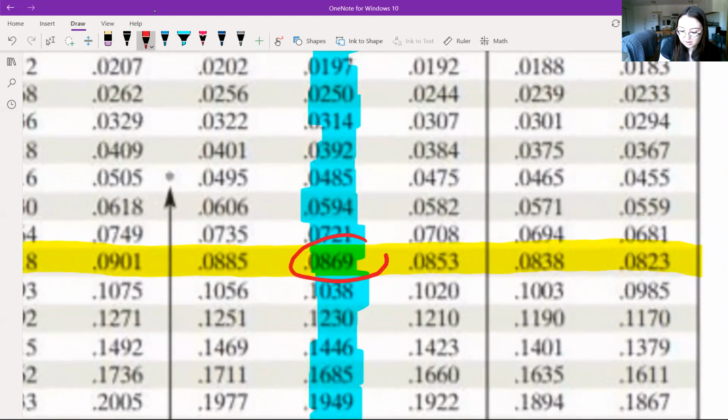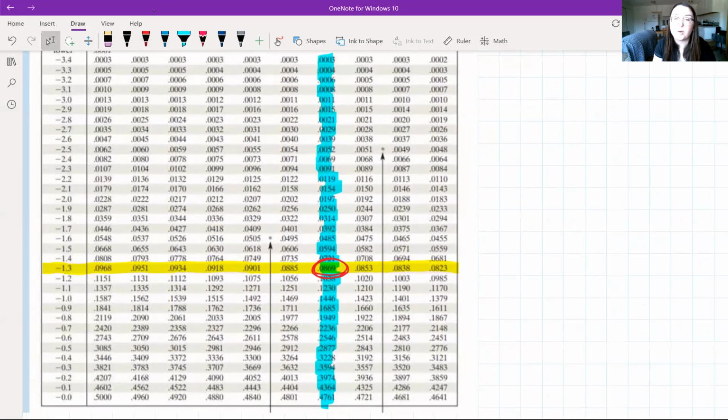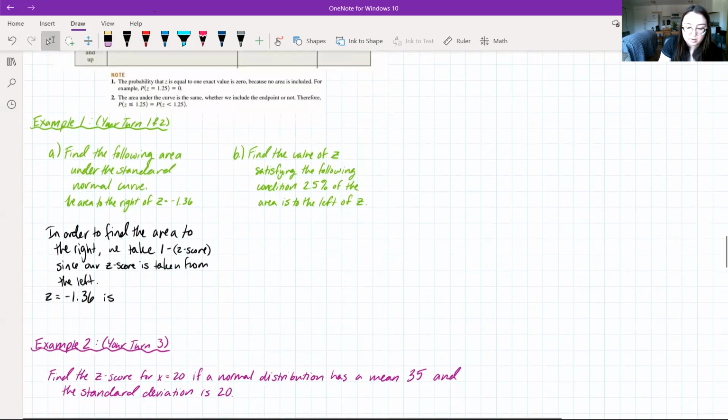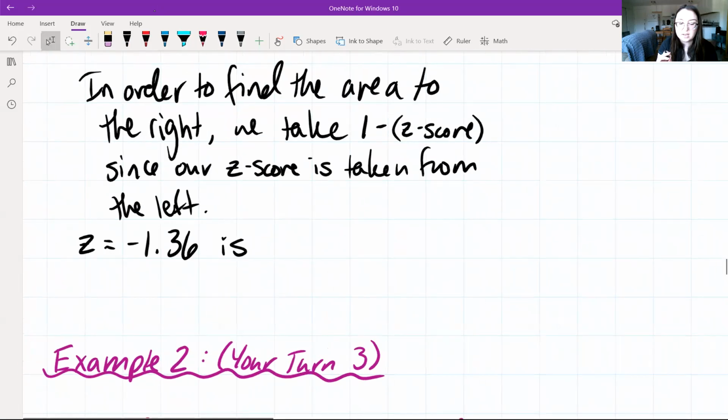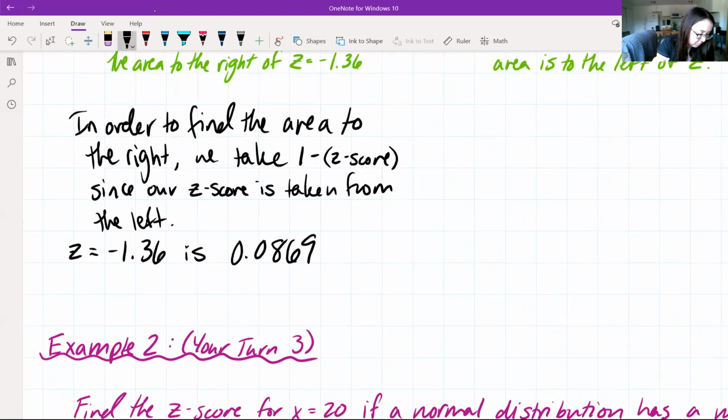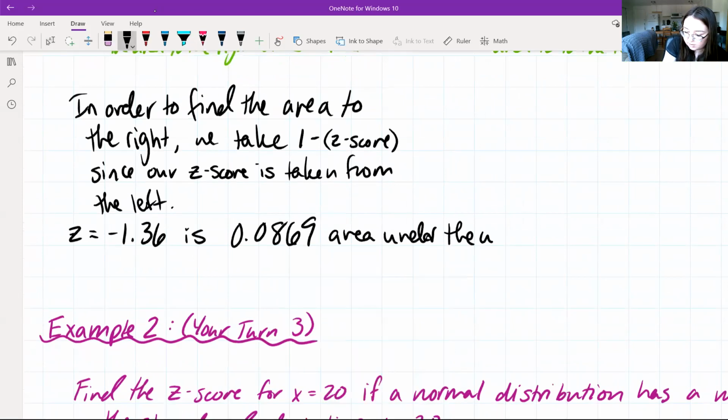It's a tad bit blurry, but we see our answer is 0.0869. So now we say z equal to negative 1.36 is 0.0869 area under the curve. We're just going to have to scoot over our next problem.